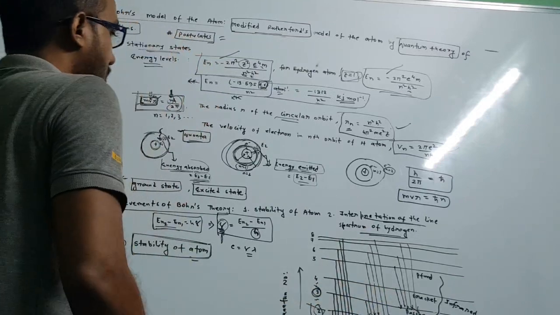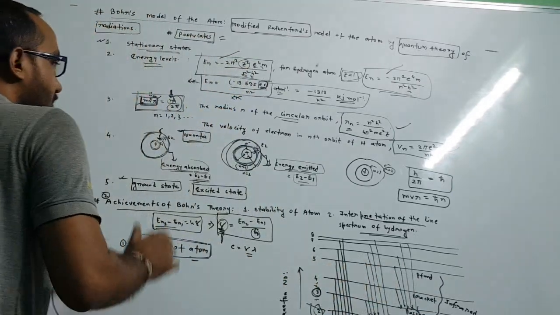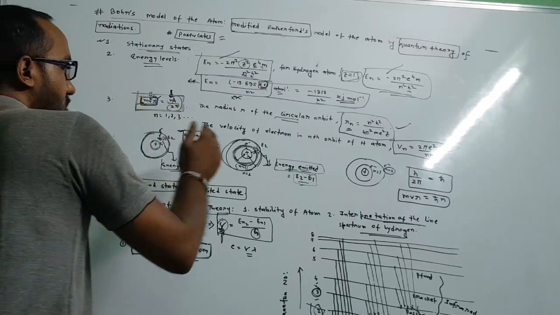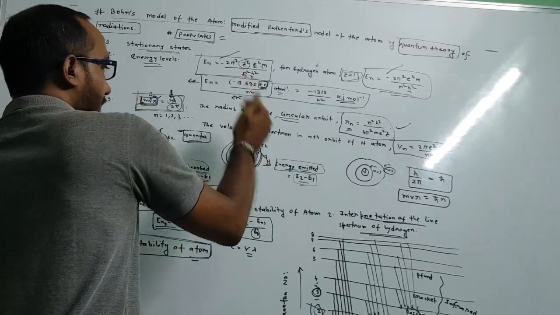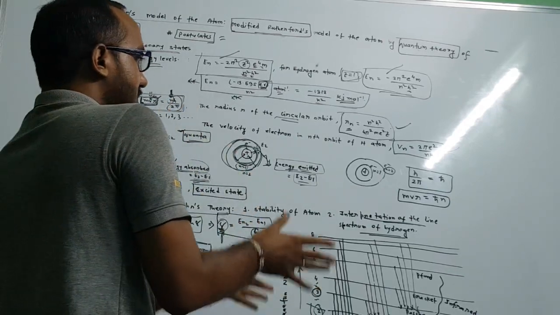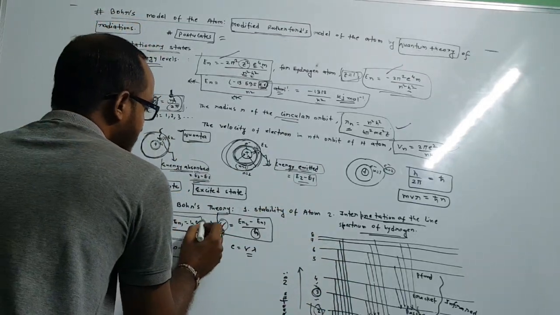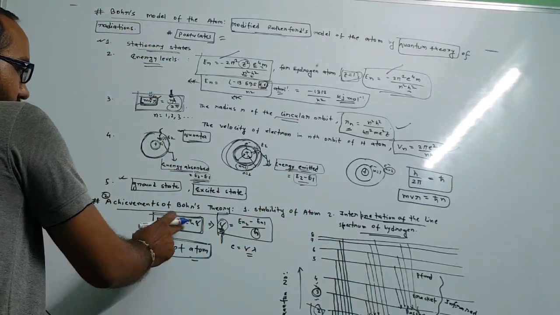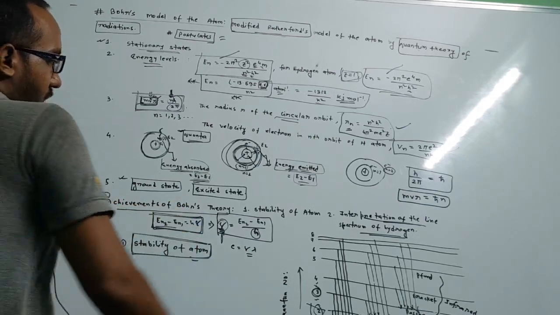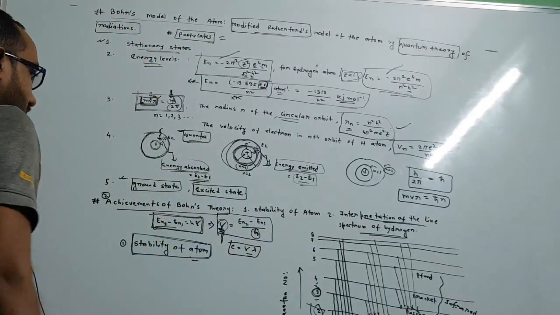We are getting this discrete spectrum because when the electron moves from a lower energy state to a higher energy state, or comes back from a higher energy state to a lower energy state, it absorbs or releases energy in the form of packets. That means in the form of particular energy. That particular energy we can find out from the energy difference of the orbits, which is h nu, and you can find out the frequency. After that you can find out the wavelength also by this relation.